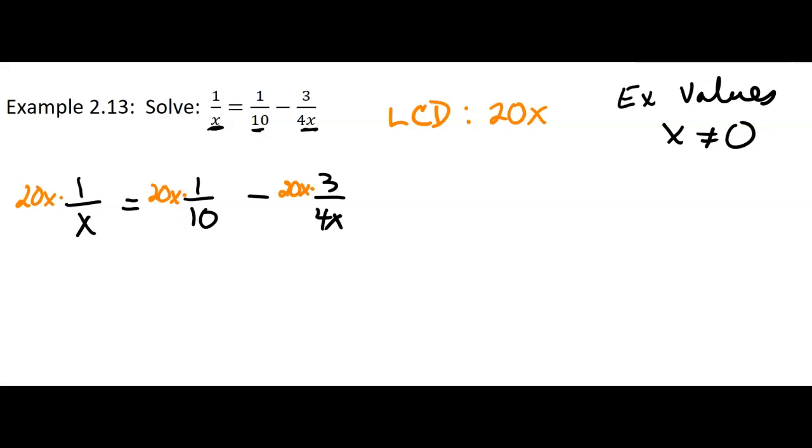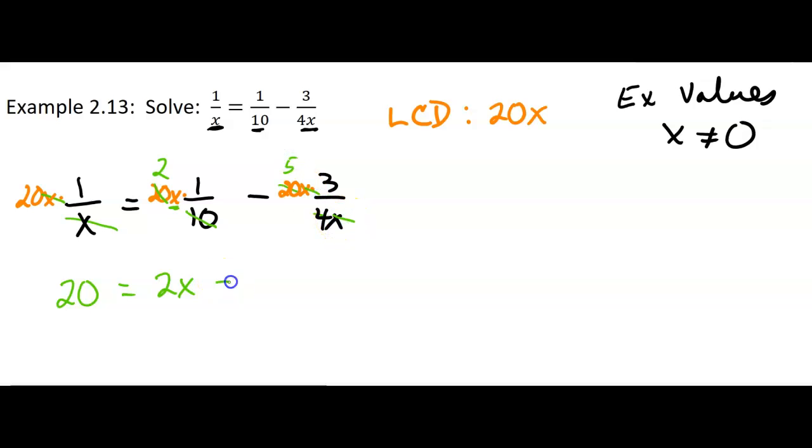Okay, then you're going to cancel. Here the x's cancel, and I get 20 times 1, which is 20. Over here, 10 goes into 20 2 times. Now, don't miss that little x there. So it's going to be 2x. And then over here, 4 goes into 20 5 times, and then the x's cancel.